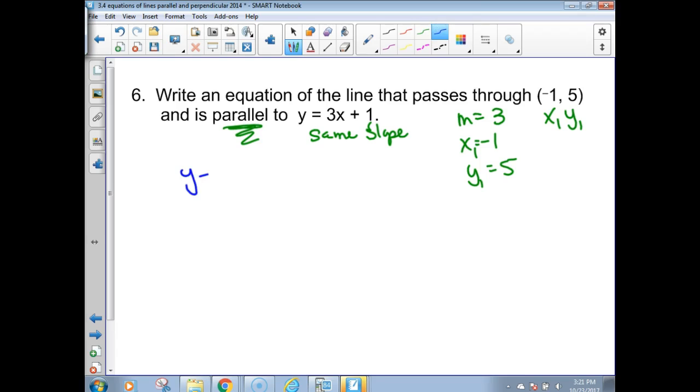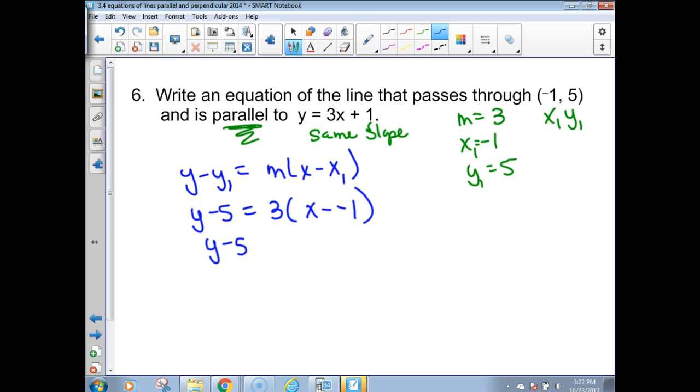Okay, so you fill in the point slope formula with a 5 for y1, a 3 for the m, and a negative 1 for the x1.